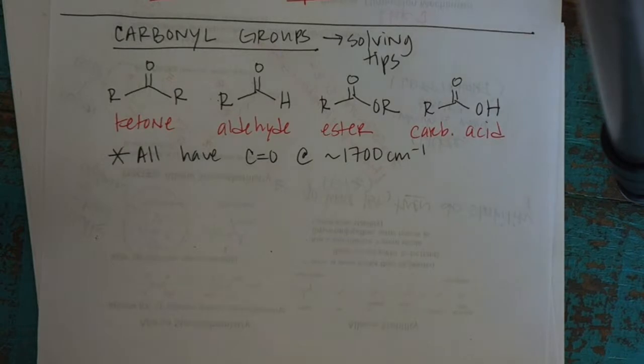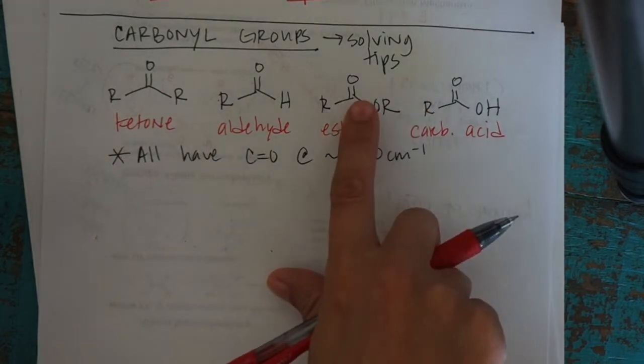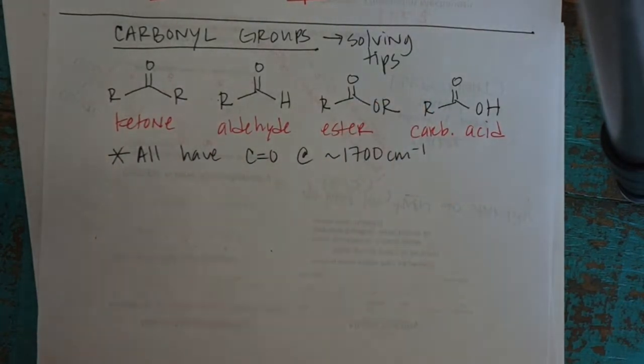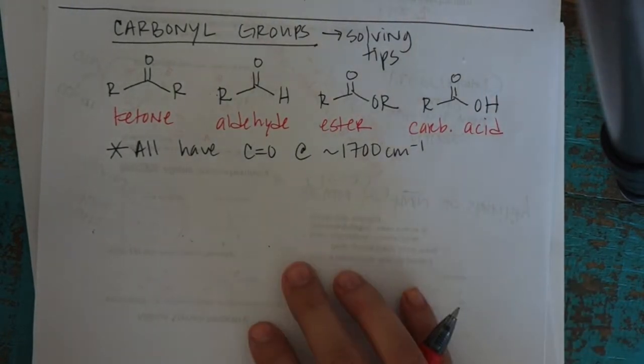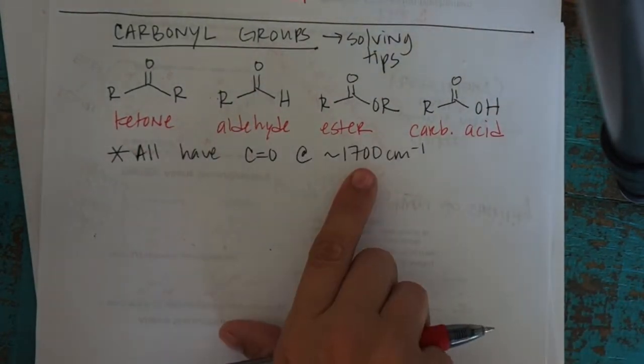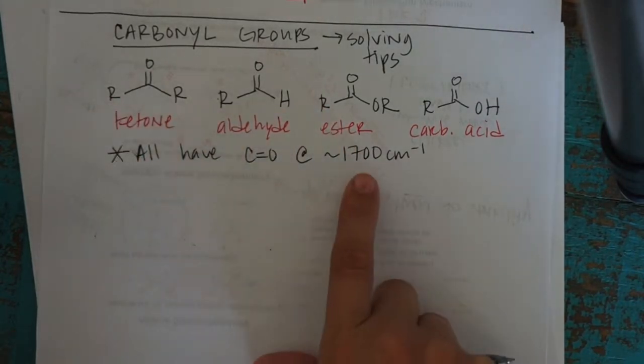So you'll see tables of numbers where it'll be like, oh, a ketone has a carbonyl stretch from here to here, and an ester has a carbonyl stretch from here to here. But if you look at all those numbers, for the most part, they all overlap in their ranges. And where exactly that stretch shows up is going to depend also on what these R groups are. And so where specifically it is in this region is not going to tell you definitively which functional group you have.